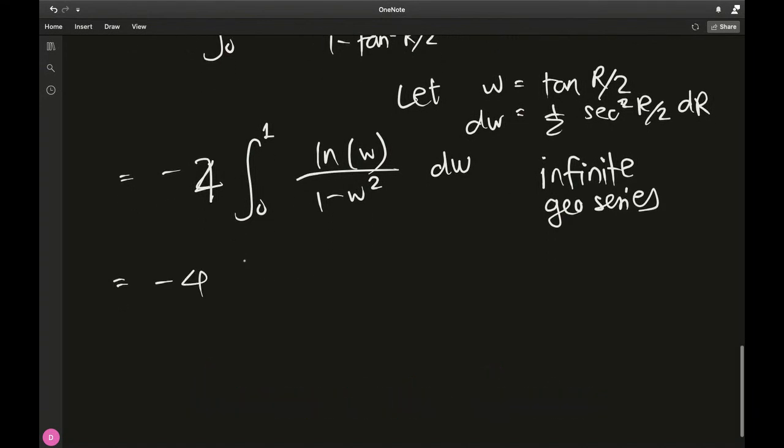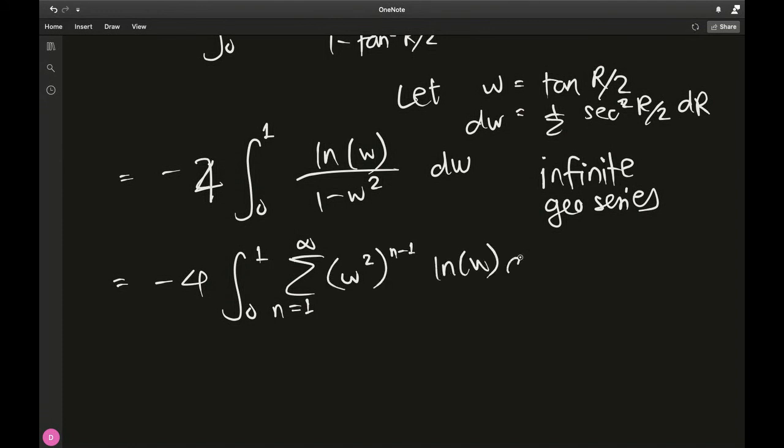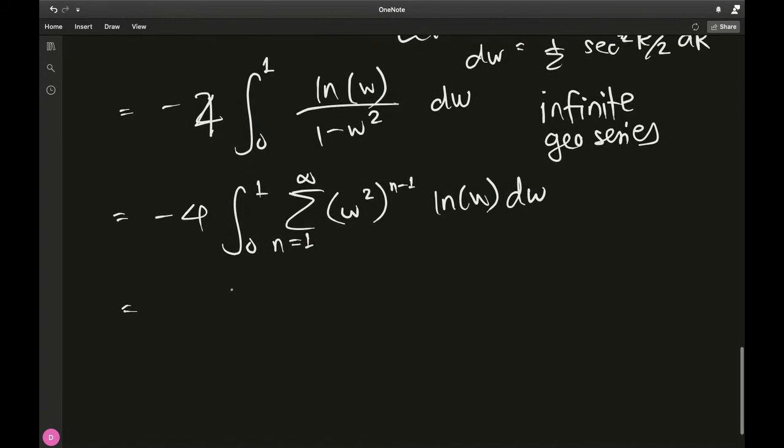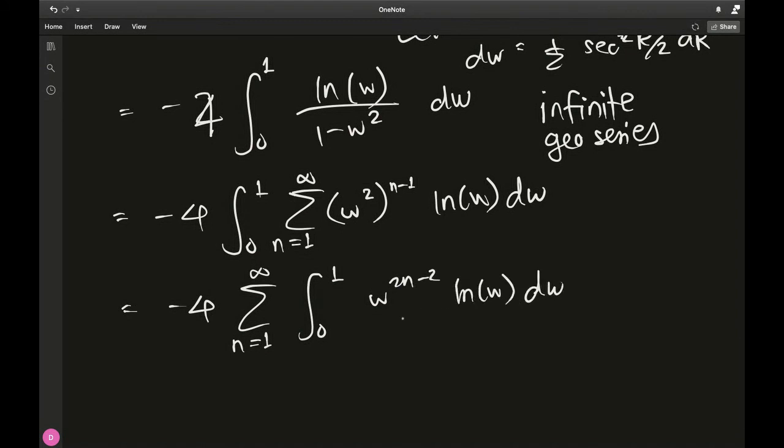So we have negative integral from 0 to 1, sum from say n equals 1 to infinity, w to the 2 raised to n minus 1 power, natural log of w dw, which will make it negative 4. Again, interchanging the sum and integral, assuming convergence. Integral from 0 to 1, w to the 2n minus 2, natural log of w dw.